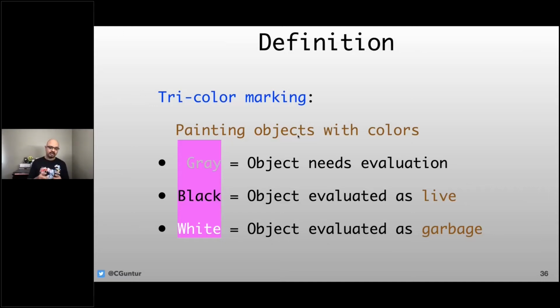Then you can have two different states, which is either a black state in which the object is evaluated as being live, or a white state in which the object is evaluated as garbage. So there are three states. There is a gray state, which is I don't know, and there's a black, which means it is live, and there's a white, which means it is garbage. So remember these three: gray, black, white, gray being unknown, black being alive, and white being dead.